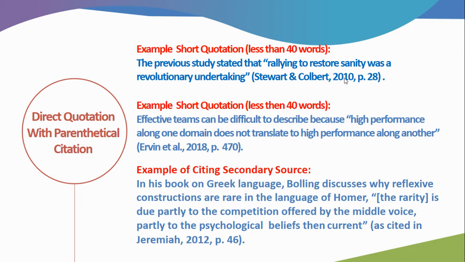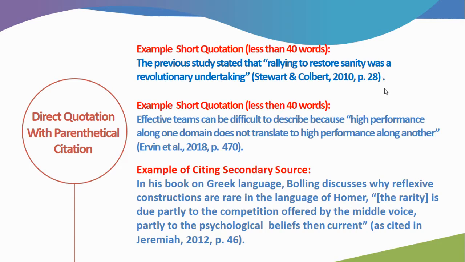And have the comma, followed with the publication year, and then again the comma, a space, and the P for the page number, P dot, a space, and the page number, 28 for example, and then the bracket again, full stop.